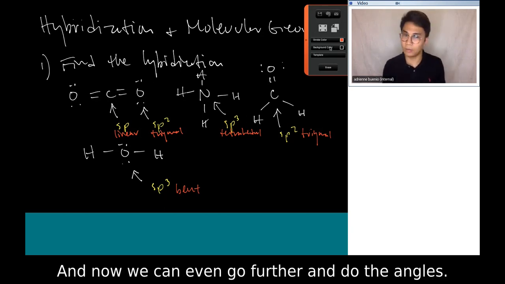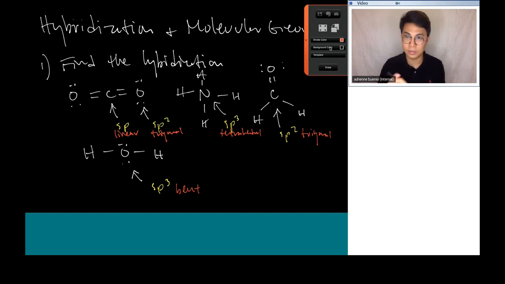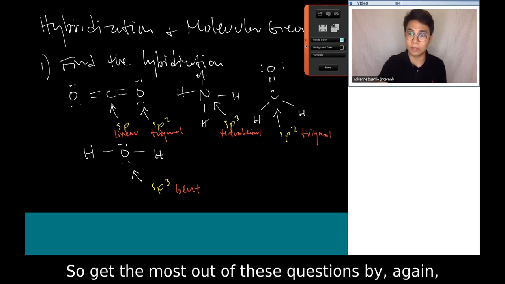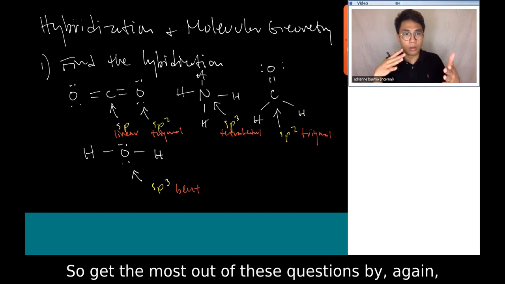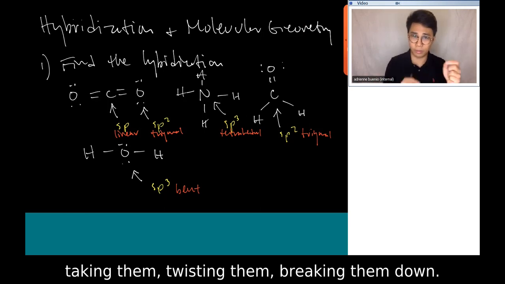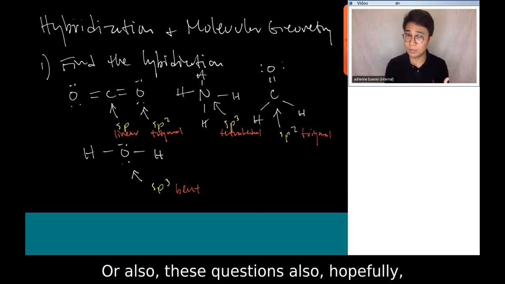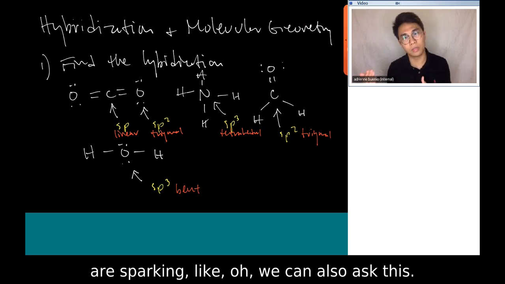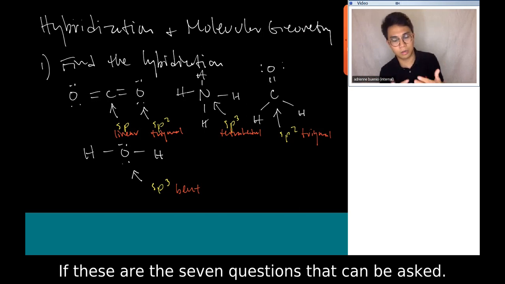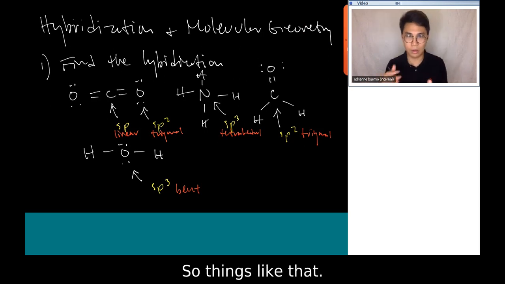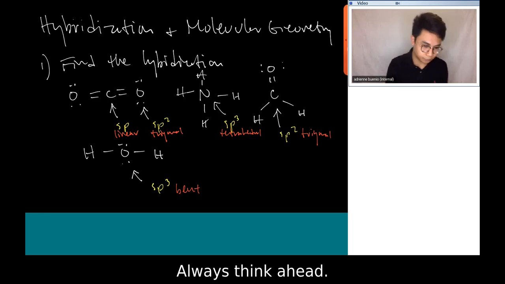And now we can even go further and do the angles. Get the most out of these questions by taking them, twisting them, breaking them down, right? Hopefully these questions are also sparking, oh, you can also ask this, so always think ahead, right?